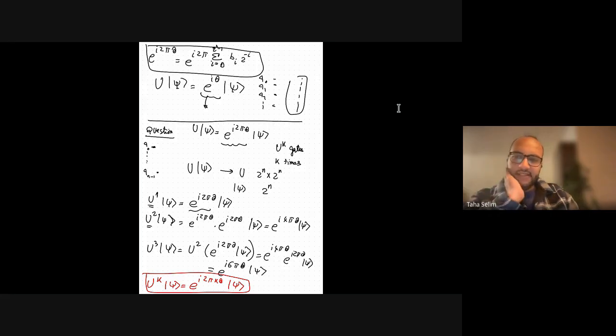So for as many values as we need to obtain, we can just apply these control gates as we have seen in quantum phase estimation. So we get a circuit representation that's like this.